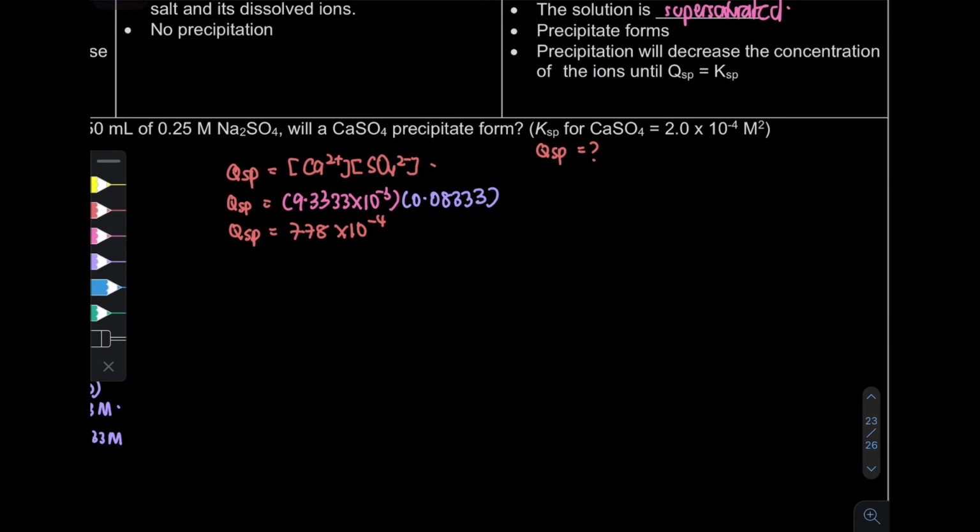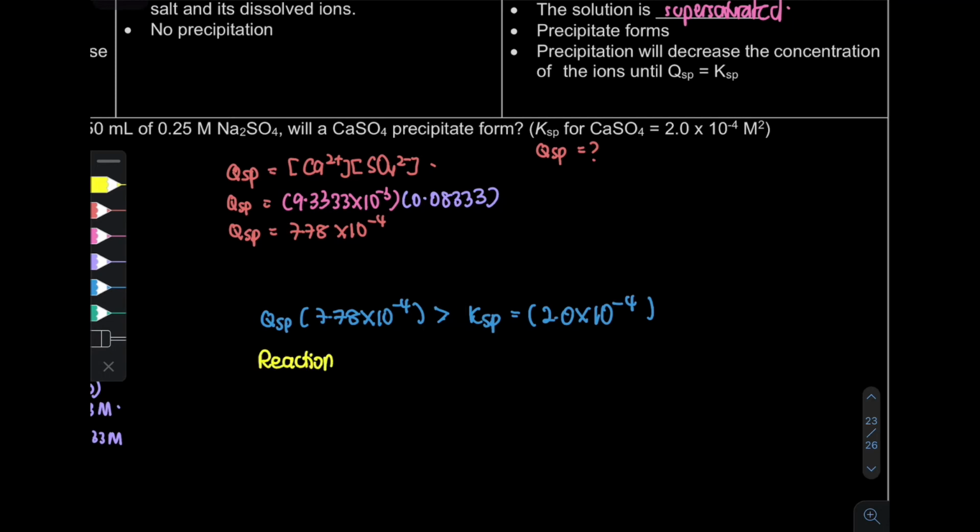Okay, so sekarang ni bila ditanya will it precipitate form, we're going to compare Q dengan K. So I'm just going to write down the value masing-masing. Okay, and then I'm going to compare. Is it smaller or bigger? And then we know that Q is bigger. Kita buat Batman. Dia akan shift to the left.